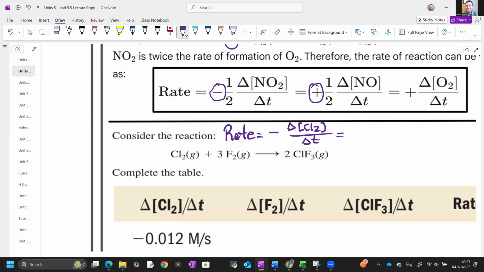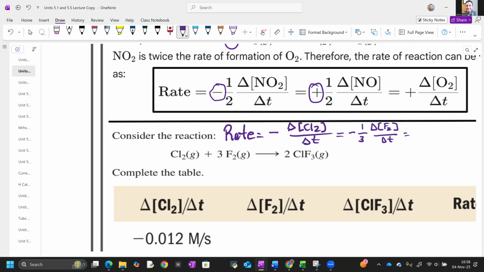the F2. And we notice that it also is a reactant, so that's negative. It has a coefficient of 3. Inverse is 1/3. And then we're going to put in the change in concentration of F2 with regard to the change in time. All right, and then lastly, we're going to do the product.